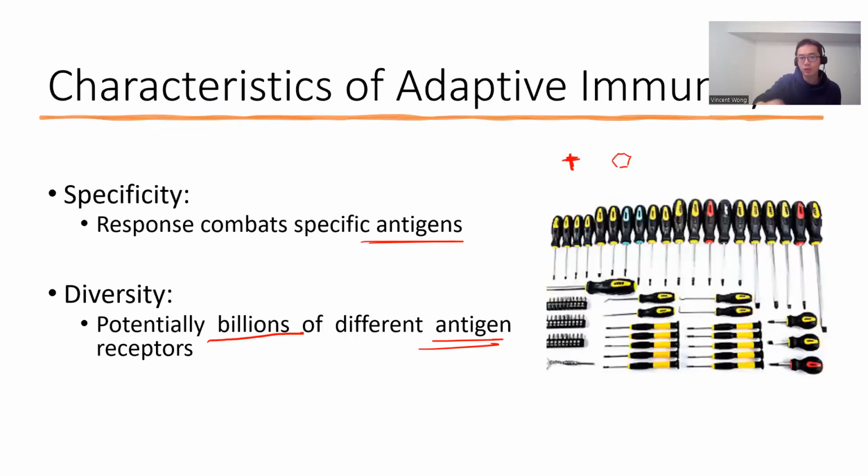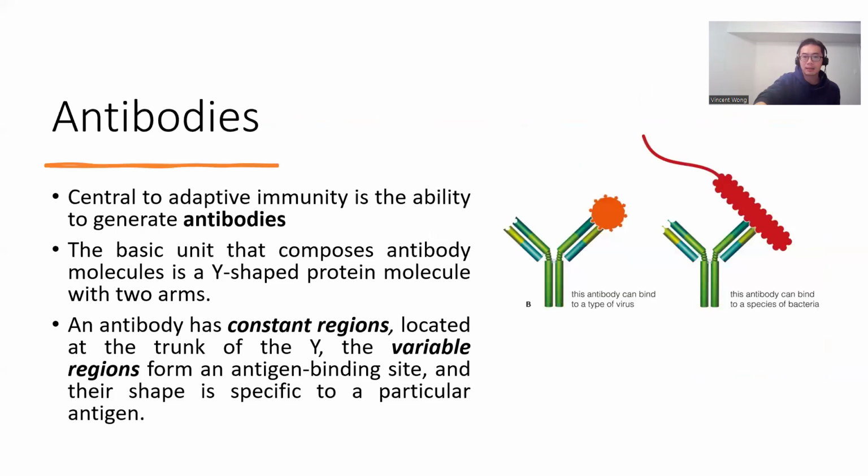Just like the screwdrivers, the handles of all the screwdrivers are pretty much the same. What makes one differ from the other is the tip. The tip dictates what kind of screws you can screw. In the case of the antibody, it's the same thing.